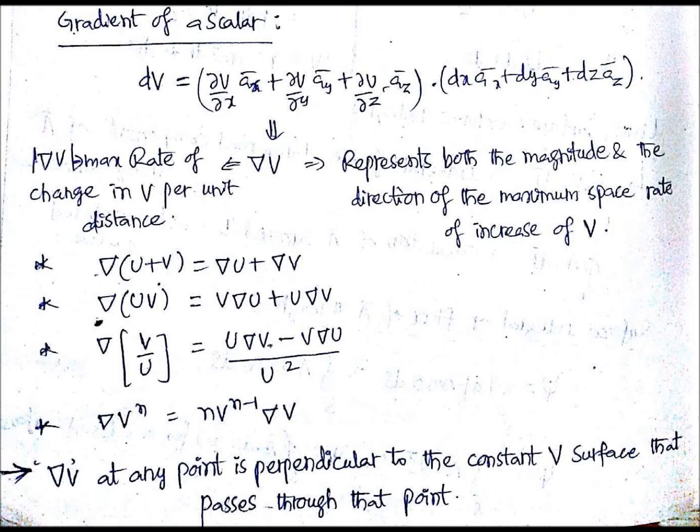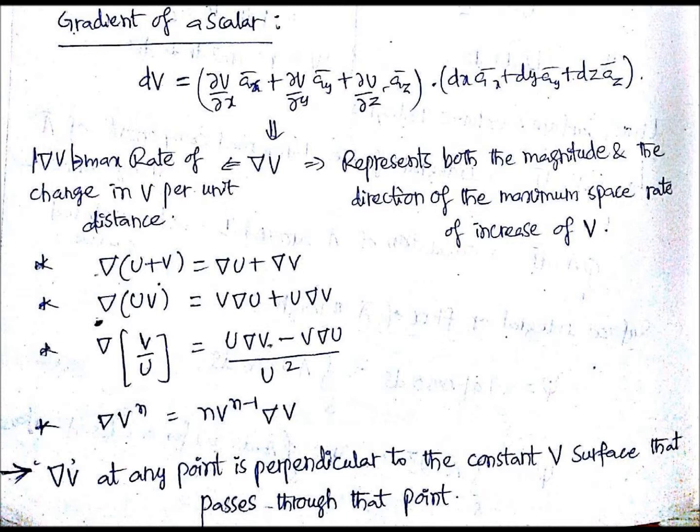Okay, and the magnitude of that gradient of a scalar is known as the maximum rate of change in v per unit distance. Because you are differentiating it, partial differentiation with respect to some length or distance. That's why it is per unit distance.